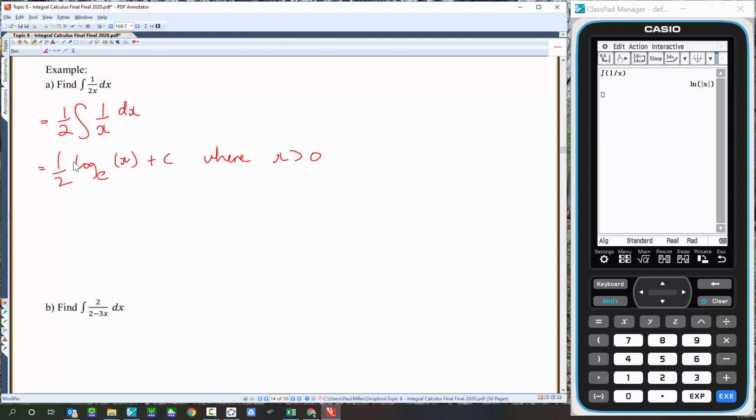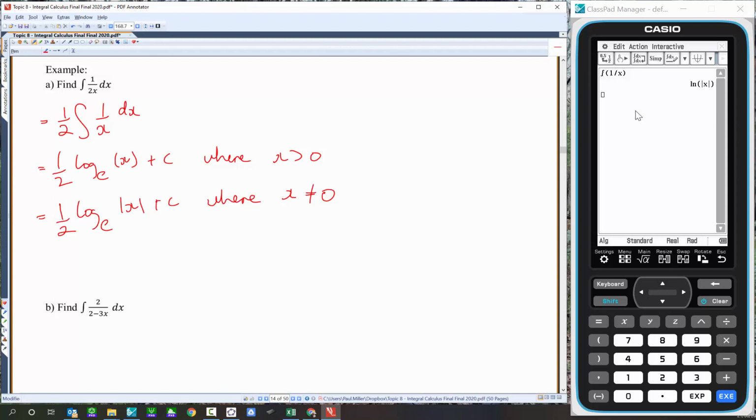Now see if you can think of another way that you could write that, or what might come out of the calculator. If you think that this might come out, you'd be right. What the calculator will do is give you the absolute value version. It's going to allow you to sub in a negative number as long as these absolute values are here.